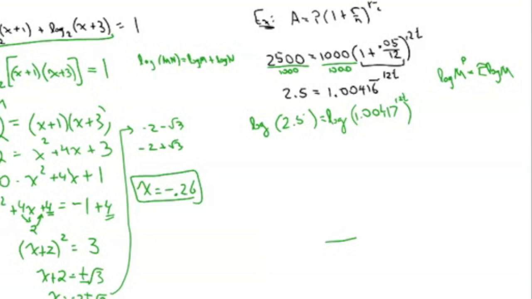So on this side, you get log of 2.5. You can't change that. On the other side, the law of logarithms says I can take that power and drop it right in front, just drop it as a normal, everyday kind of variable. So it becomes 12 times t times log of 1.00417.